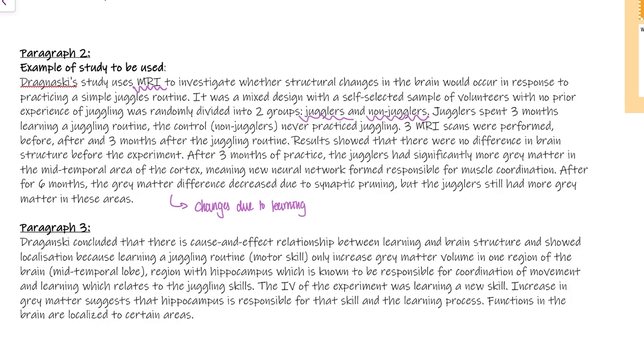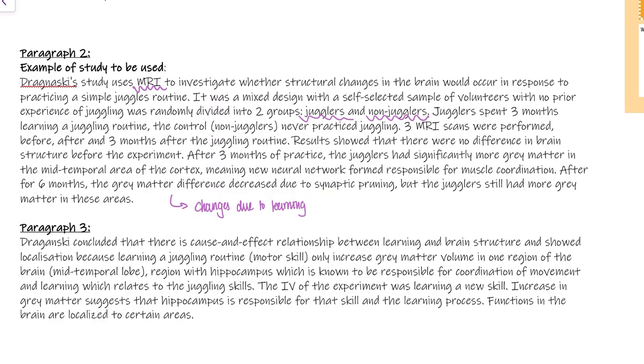Draganski found that there was no difference in the structure of the brain before the experiment, meaning that the gray matter volume of the two groups was the same. However, after 3 months of practice, the jugglers had significantly more gray matter in the mid-temporal area of the cortex, meaning that new neural networks formed responsible for muscle coordination.